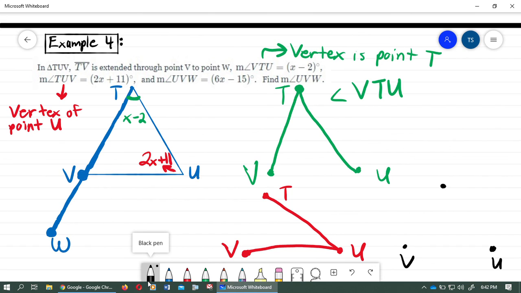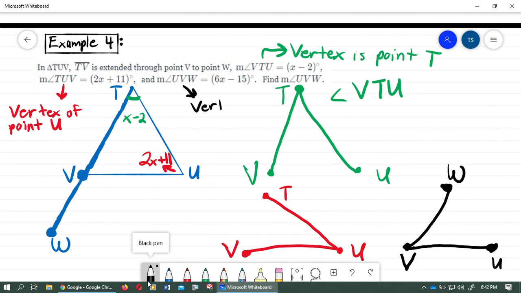But anyway, angle UVW, if you literally follow along those 3 points for angle UVW and connect the dots from U to V to W, you can see what that angle looks like. Angle UVW is that angle right there, okay? So UVW clearly has a vertex of V, right?